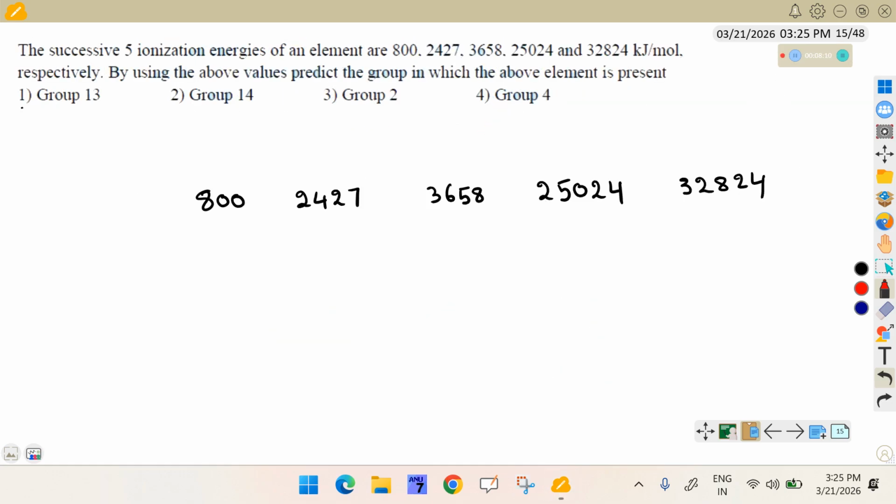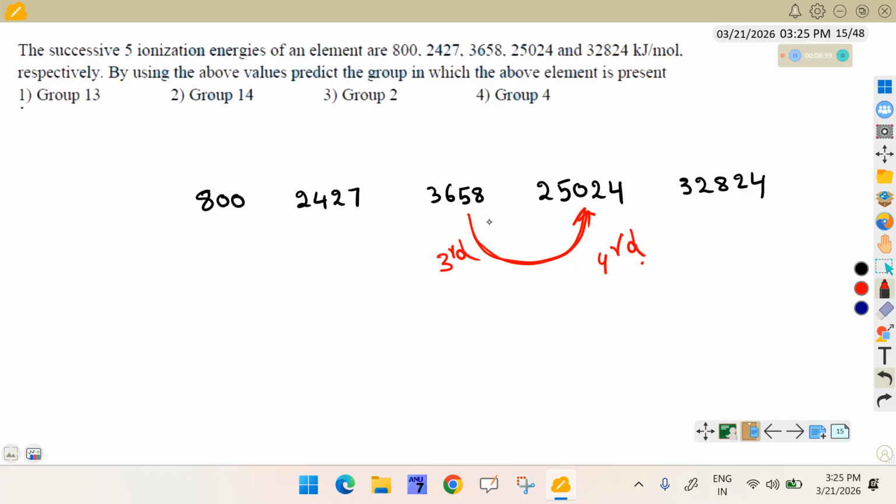The successive five ionization energies of an element are given. By using the above values, predict the group in which the element is present. Where the energy increases abnormally, from the third value to the fourth value, the energy difference is more.